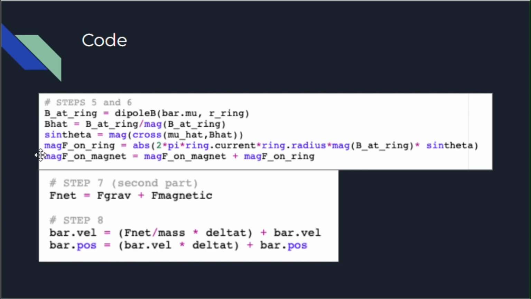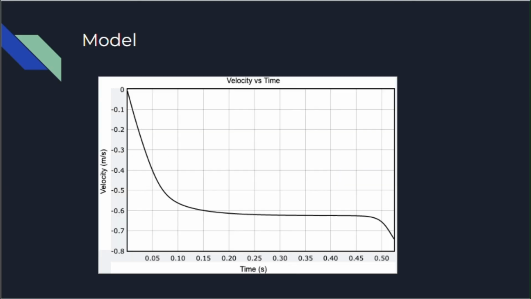And then we had to use the Biot-Savart law for the force exerted on each ring, and then for the net force, we added the force of gravity plus the magnetic force. And then we used the net force and Newton's second law for the bar velocity using the velocity update formula, and the bar position using the position update formula.